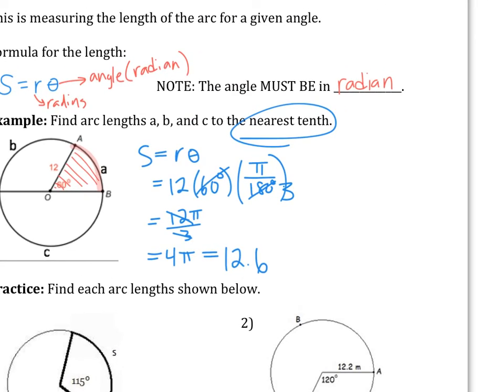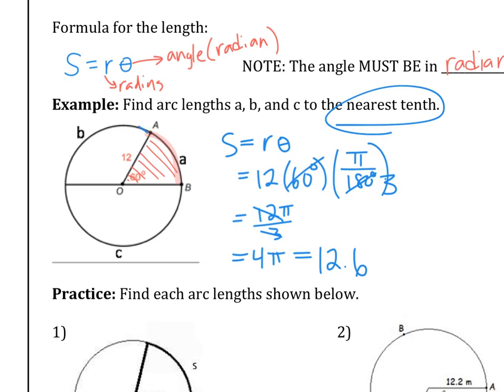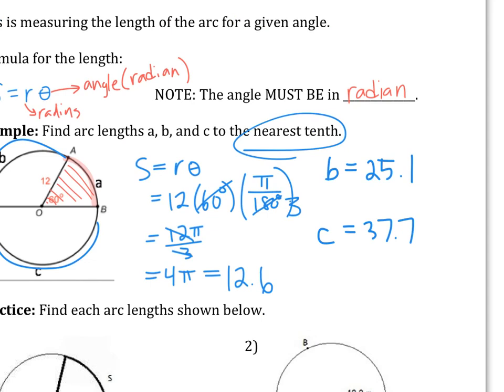Okay, so let's have you try B and C. So B is this one and C is this one. So figure out what the arc length is and then come back and check your answer. Okay, here are the answers of the arc lengths.